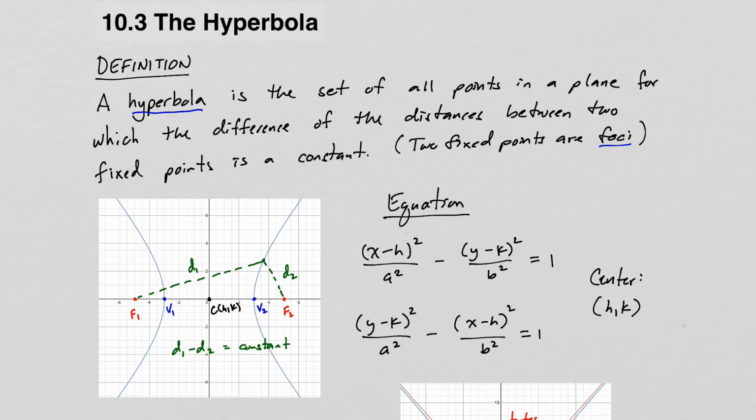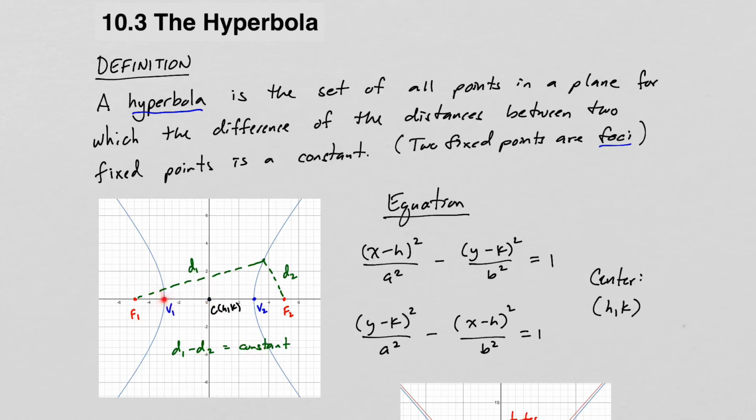It turns out that a hyperbola is a very different graph from everything that we've talked about before. What you get is some sort of a U-shaped kind of graph going one way and another one that kind of is a mirror image going the other way. Now it does have a center right here in the middle.